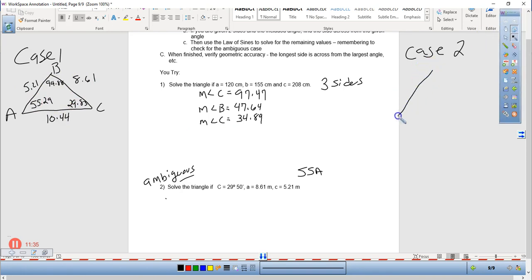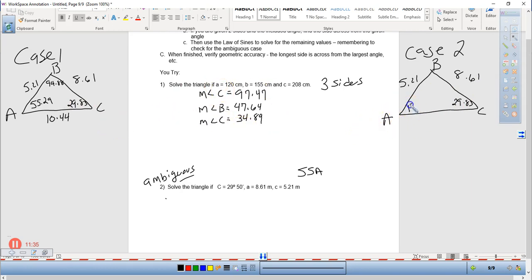Case 2, with an A, B, and a C. We had that angle C is still the 29.83, 5.21, 8.61, and in both cases, I solved for A first.